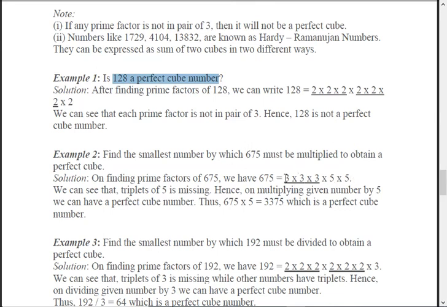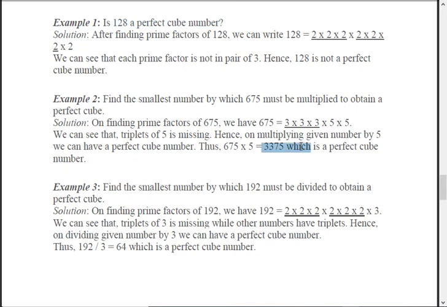One group of 3 is formed, 3, 3, 3. Now 5, 5: we need one more 5 so that one more group is formed. So if you multiply it by 5, it will be a perfect cube. Check: 675 into 5 is 3375. It's a perfect cube, the cube of 15. It's very easy. We'll see how to find the cube root of 3375 at the end.